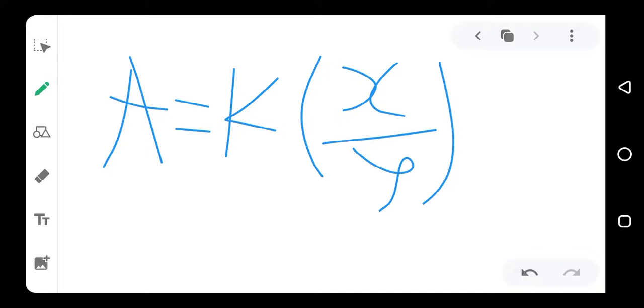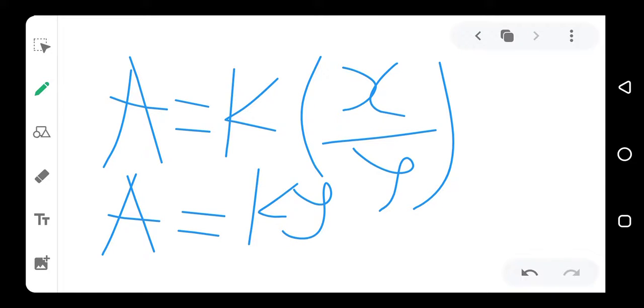Now, K is still K over 1, so everything up times the one up. So this is equal to K times X, which is equal to KX, then the down one is Y, KX over Y.